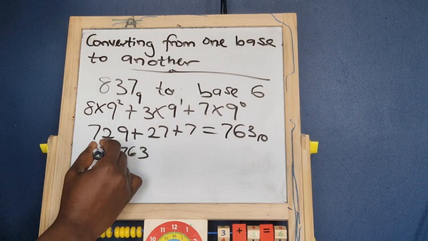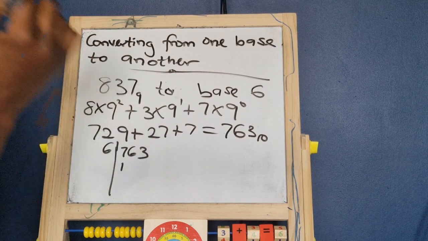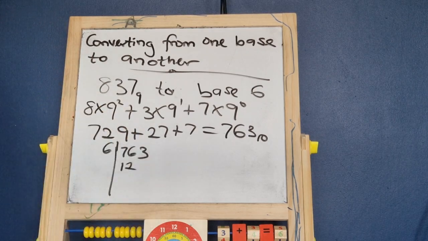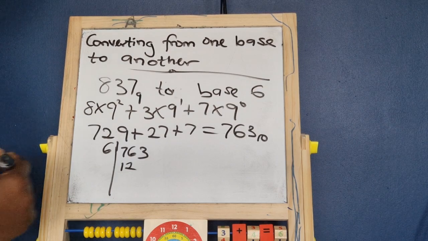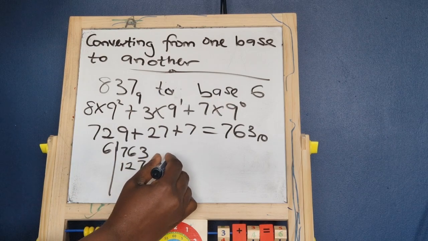So we have 763. We'll divide by 6. 6 would go in 7 1 time. This would be 16. 6 would go in 16 2 times, remainder 4. 6 would go in 43 7 times, remainder 1.